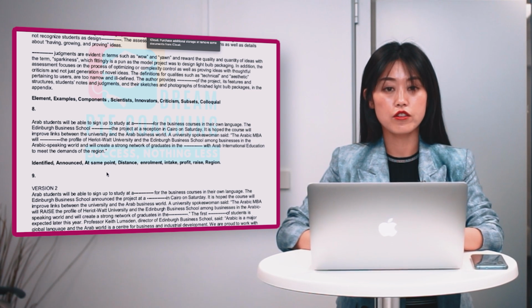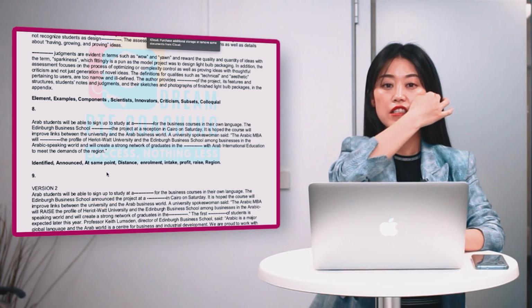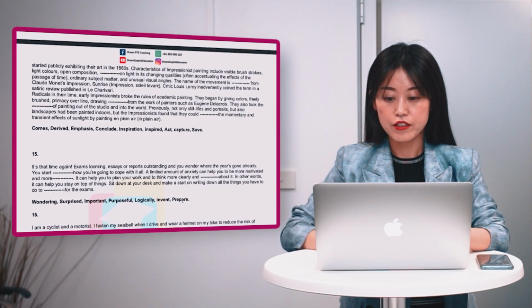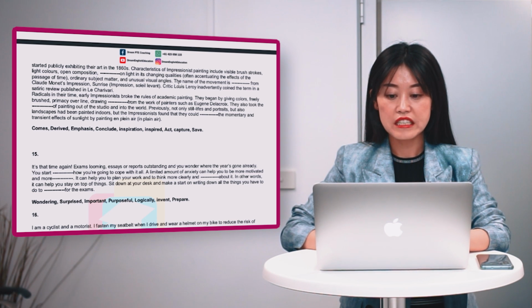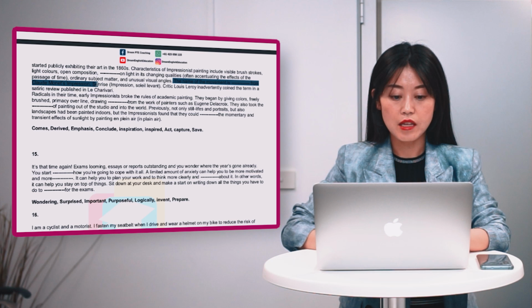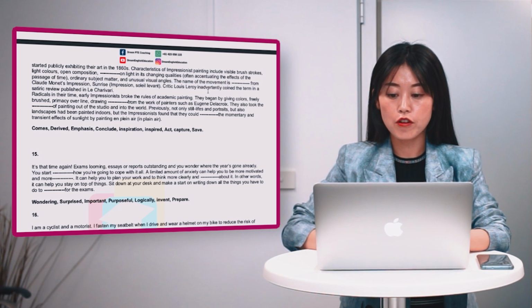Obviously, you are going to have different types of test in the exam, and you might have something with ing form. Let me find you one ing form for you to know how do you use that. Okay, let's look at this one first. So the name of the movement is something from some kind of impression. So we are looking for a verb.